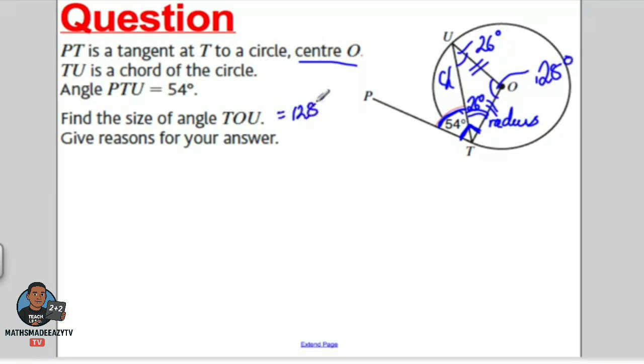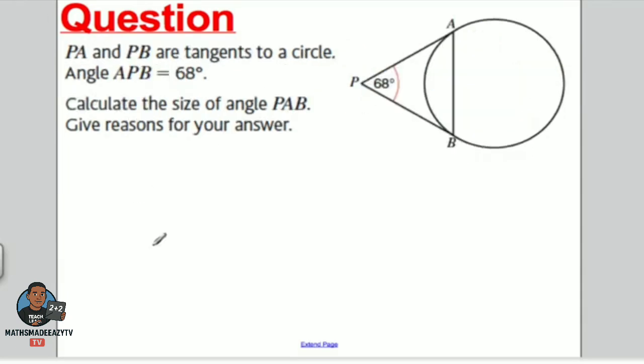So this one is 128 degrees. So for clarity, a tangent meeting the radius is going to be 90 degrees. So this will give us the angle 26, and as it is an isosceles triangle, we have angle 26 here too. So angle O is 180 minus 26 minus 26, which will give us 128.